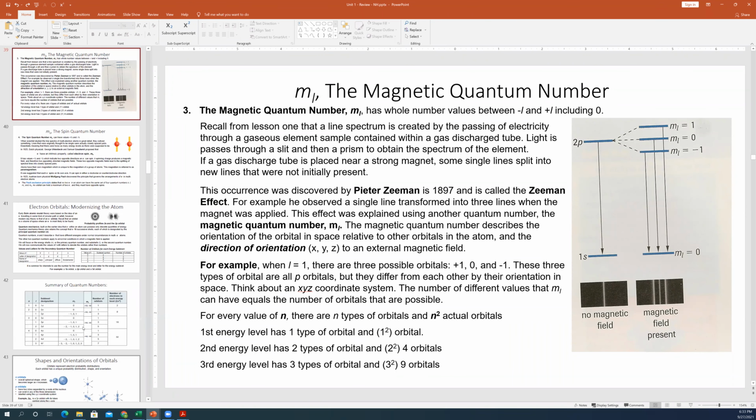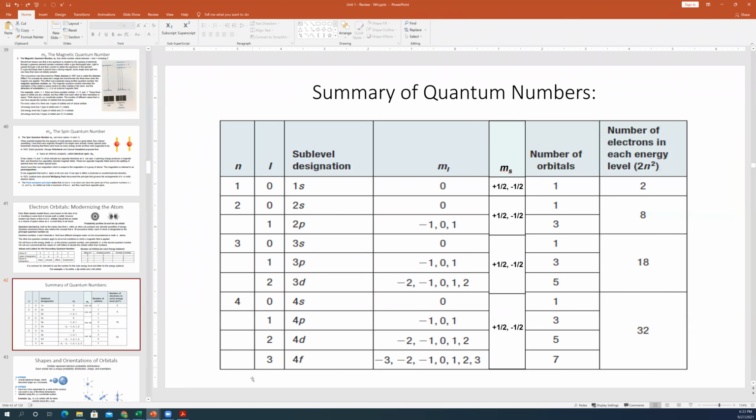Yeah, no worries. So here in summary, you can see that at the first energy level, you have 1 type of orbital. L is equal to 0, so it's a 1s, 1 type of orbital. At the second energy level, L can have values of 0 and 1.